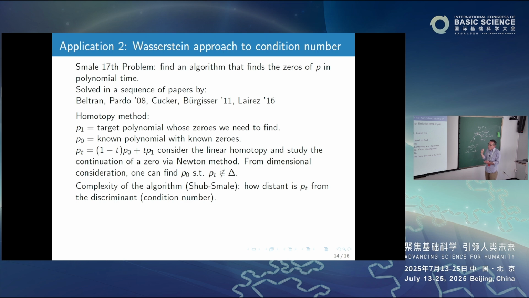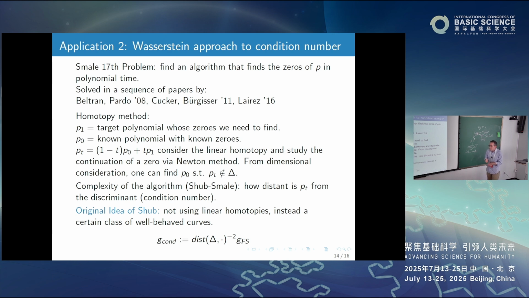So a way in which you can approach this problem is, given P1, to find P0 in a smart way so that Pt stays away by a certain safe amount from the discriminant, okay?